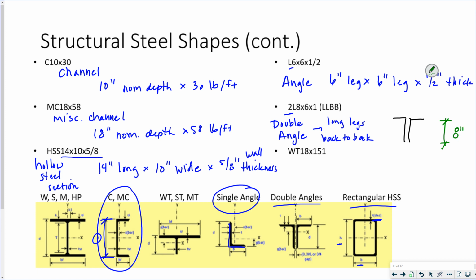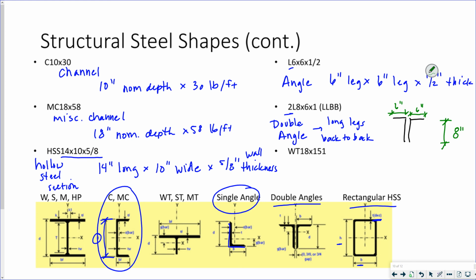The sides that aren't together, the short legs that are not back to back, are the 6 inch legs. And the thickness of the angles is 1 inch.